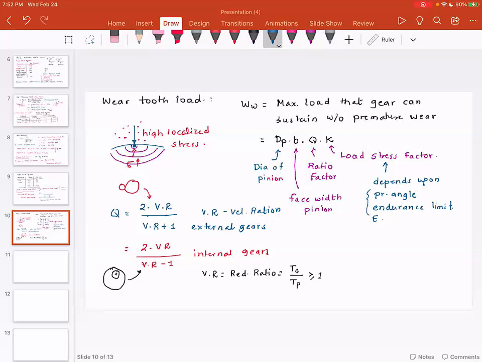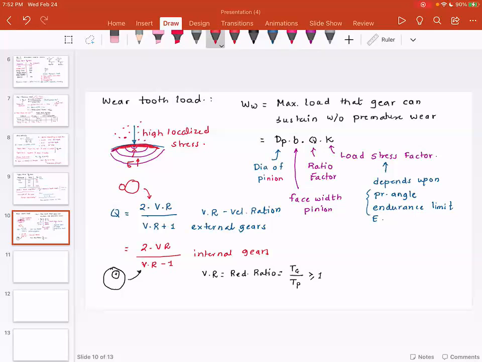For an example, I just want to give you a simple understanding. Think about it like if you have a surface that is hard. So assume that this surface is quite hard, which means it will take more load than a soft surface.